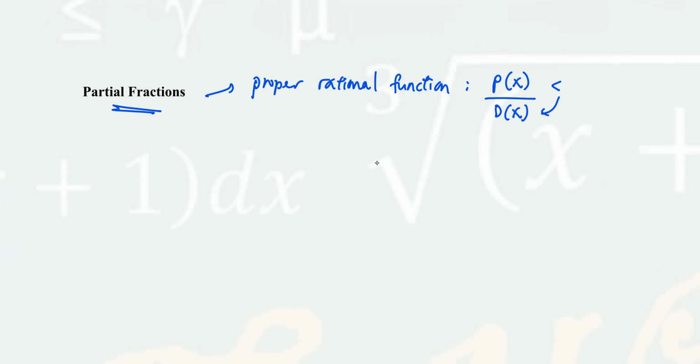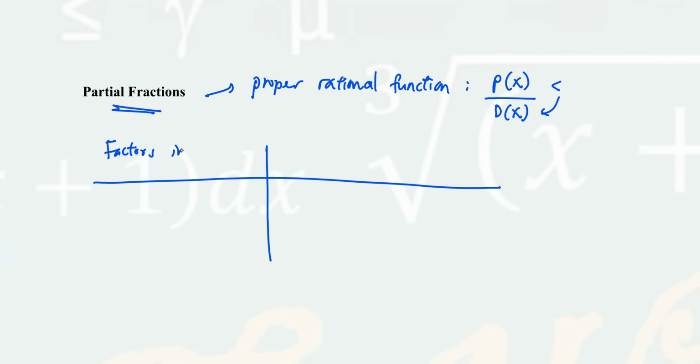Okay, so basically, if you are given a proper rational function, we can just check this table to identify the partial fractions. Just for information, we will always refer to the factors in d(x) when you are given this rational function. d(x) is the divisor, and it is also called the denominator.